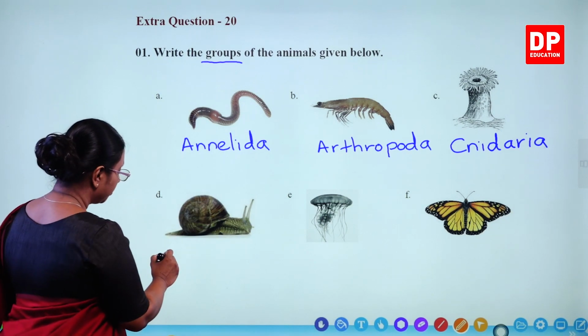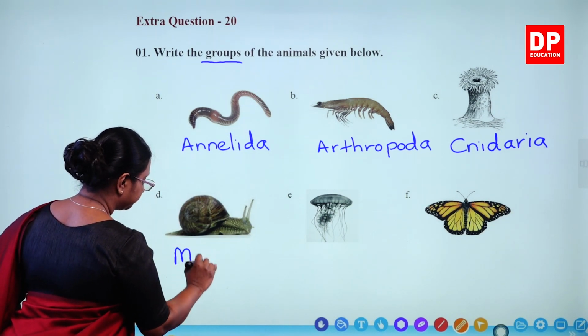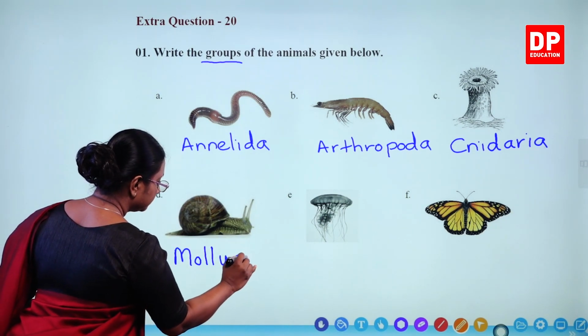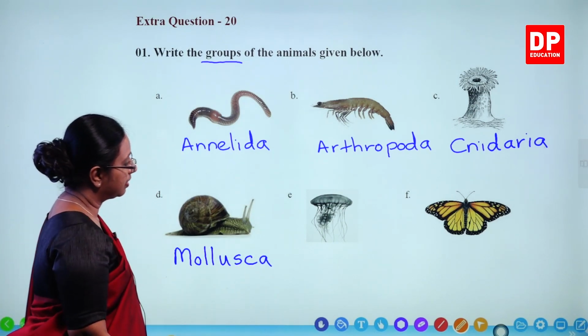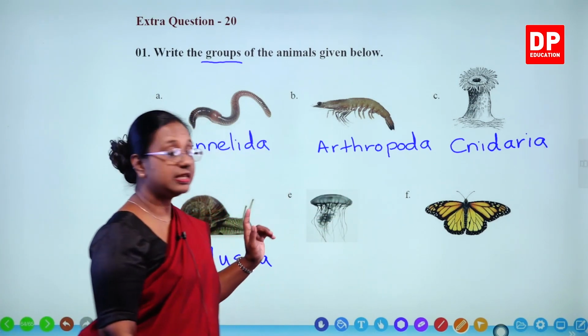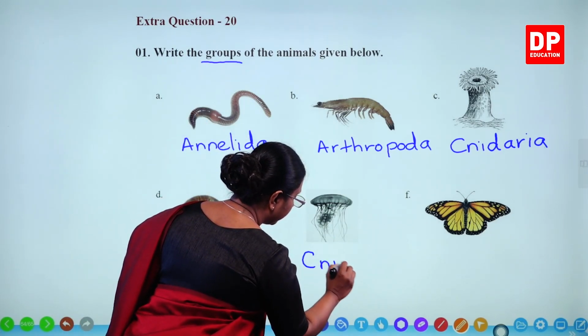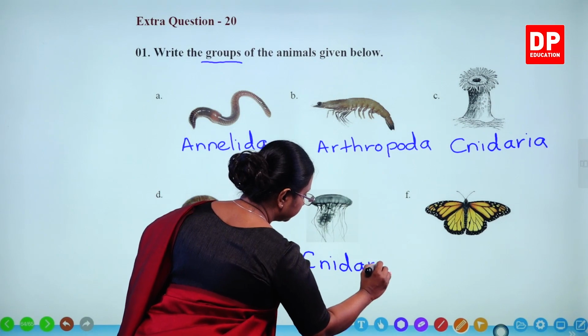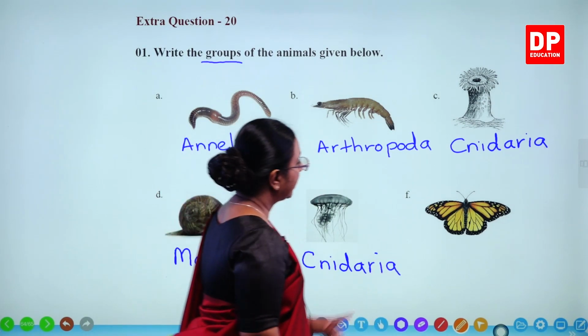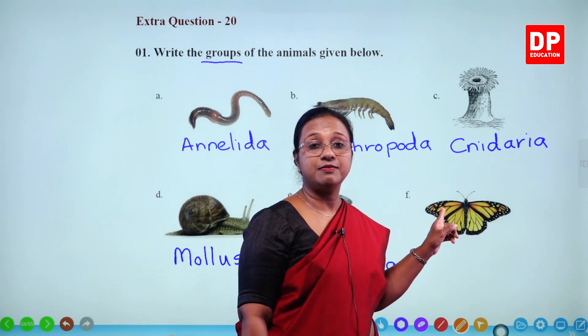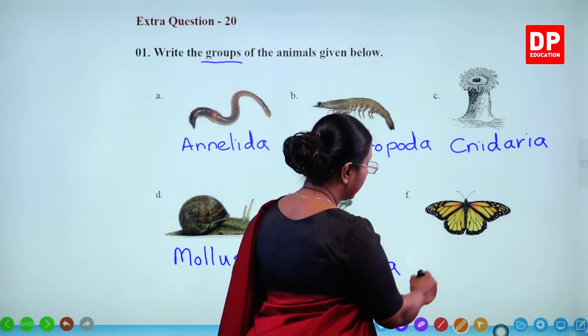Snail belongs to the group Mollusca. Then what about this? It is a jellyfish. Again, group Cnidaria. And this one, it is a butterfly, an insect. So it is Arthropoda.